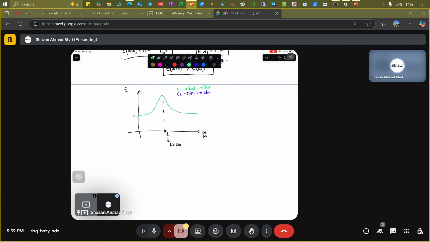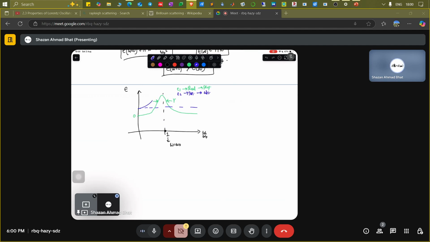This width is essential. It can be determined from the damping, which is basically the gamma. Now what is going to happen if you draw the imaginary part of the permittivity? That is going to be something like this.